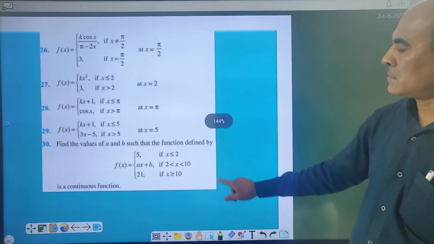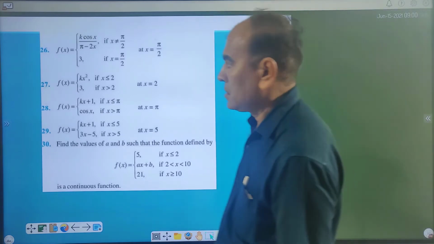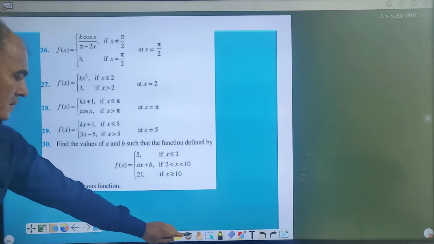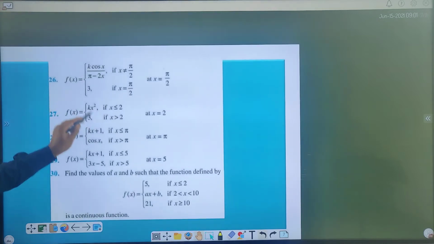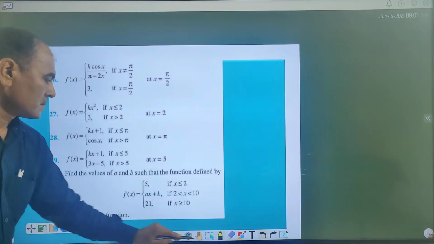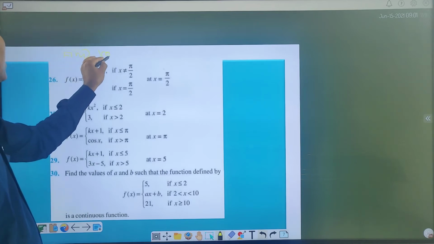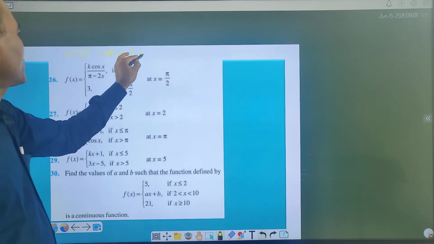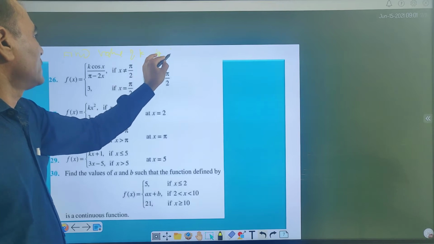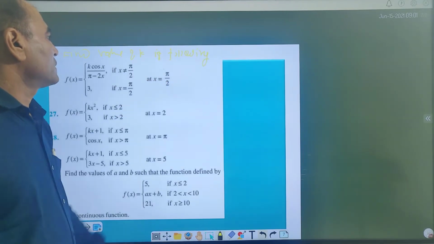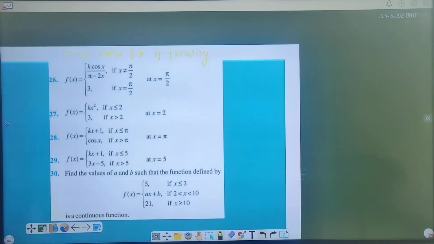What is given? If these functions are continuous, then find the value of k. Find the value of k if the following functions are continuous.